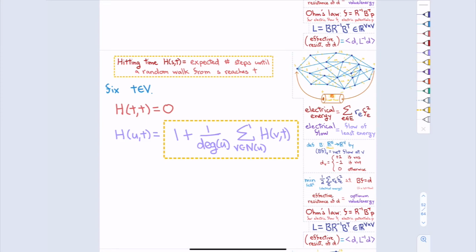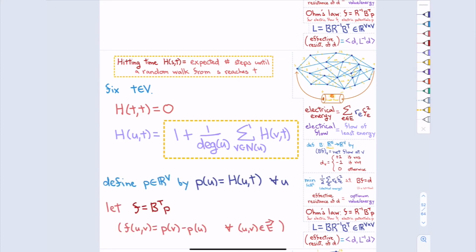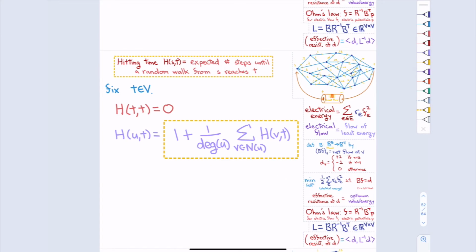Here's where things get kind of surprising, in my opinion. I think things get surprising. Okay. All right. So we're gonna take these hitting times to T and use that to define a set of vertex potentials. Somehow we're going to think of that in terms of electrical networks.